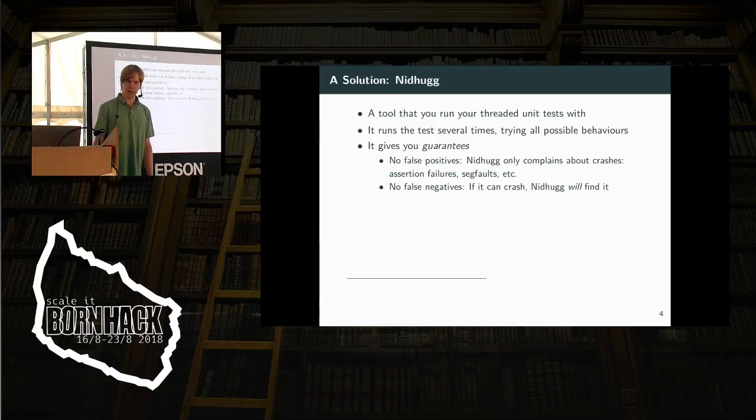But also, unlike race detectors, there are benign data races, and these types of tools don't need to complain about them, and Nidhugg is designed to not complain when you have benign data races. So what it looks for is what you would look for when you run your unit test. You look if it crashes or the output is wrong or something like that.